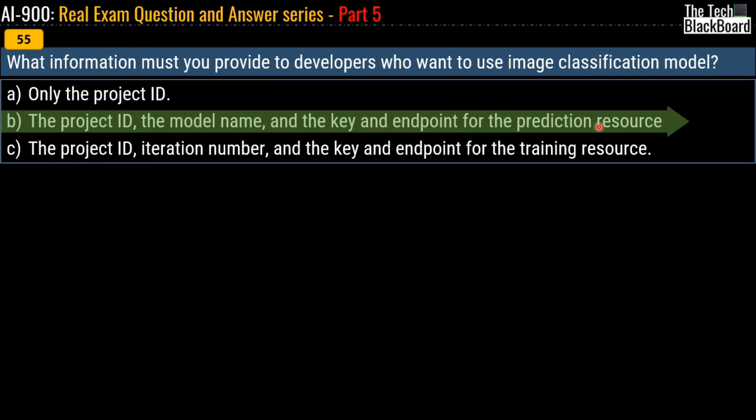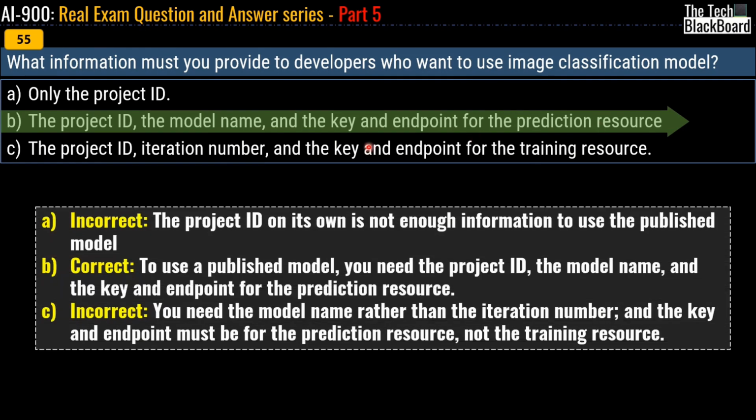Now let me give you a little explanation of each option. Option A, which said that we should only provide the project ID, is an incorrect option. The reason is that the project ID on its own is not enough information to use the published model. On the other hand, option B we saw is a correct option. Why?